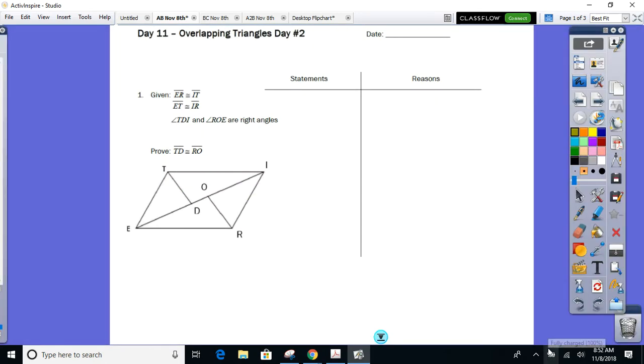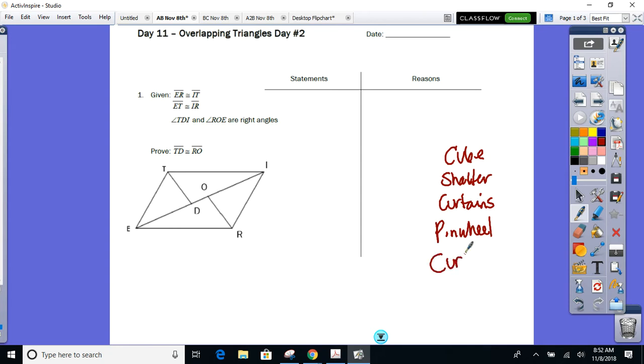Of course. Oh, yeah. Big day today, huh? Even the boy makes an appearance, or lady, I don't know, I'm sorry. Here we go. Where are we going? Let's go. Cube. Shatter. Curtains. Pinwheel. Curl. Slide right. Slide left.